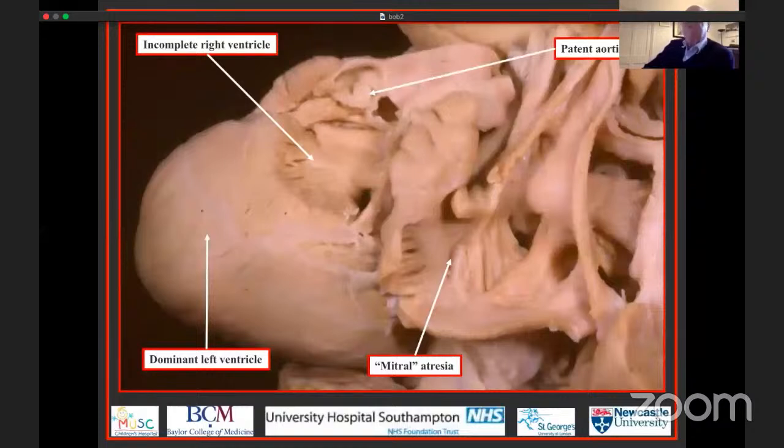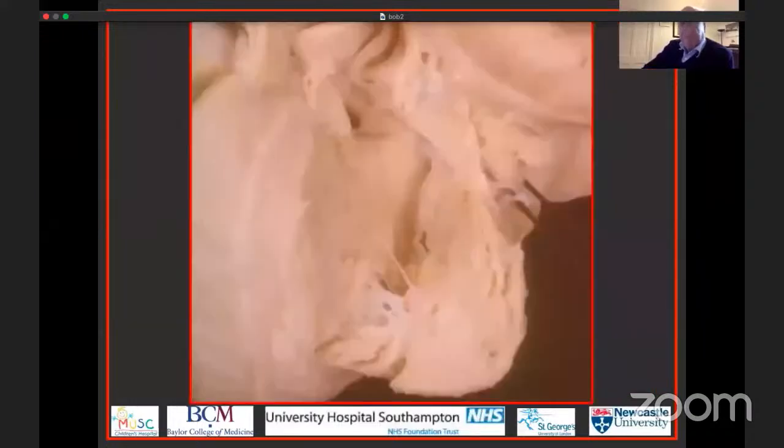So in fact, we would not be calling this mitral atresia with patent aortic root, because arguably the mitral atresia is in fact tricuspid atresia, because this is left ventricular topology. So it is atresia of the left atrioventricular valve with patent aortic root, but it's not what we've been looking at today.